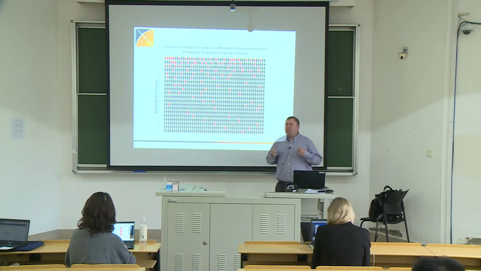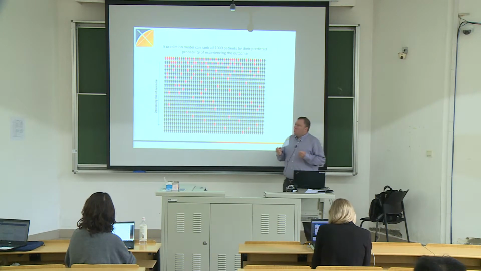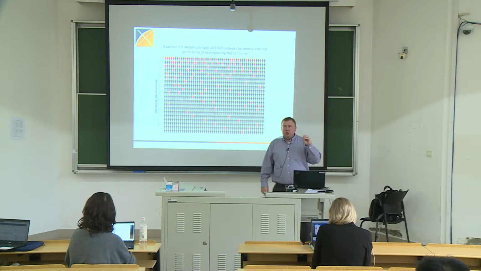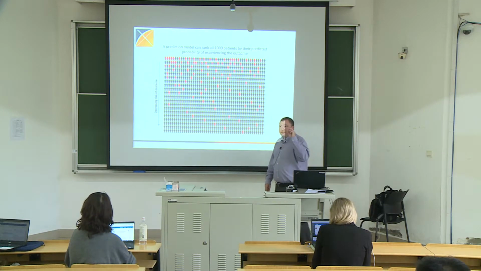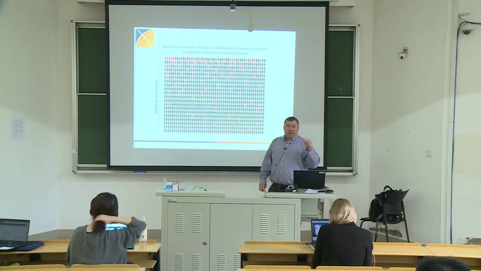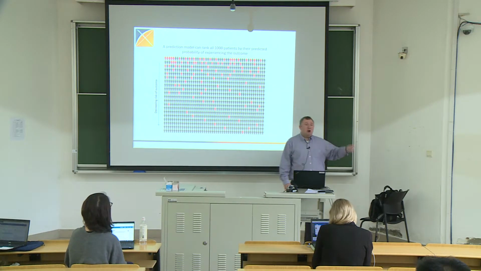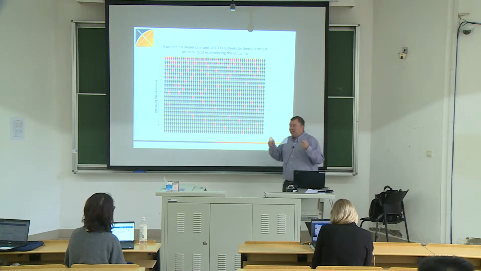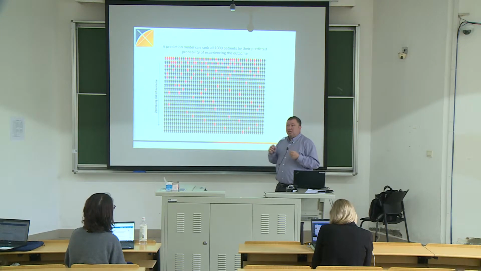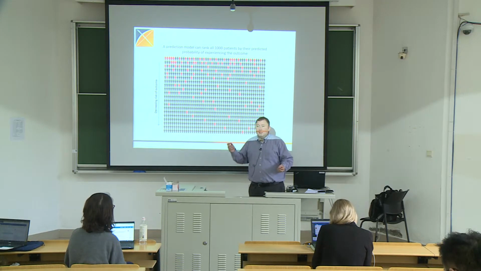So what does a prediction model do? Well, a prediction model produces a probability for every single patient. And that probability represents the risk that that outcome is going to happen. So if I have 1,000 people, I can assign each person their own individual probability.